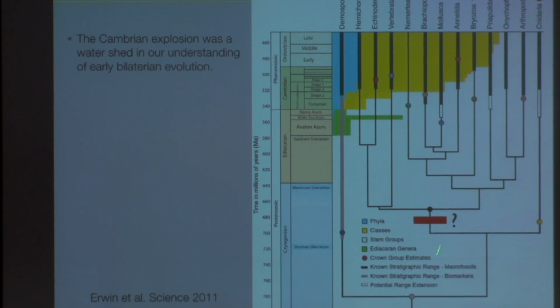This moves up and down depending on the analysis, but most people are in agreement that the molecular clock predictions really predate the fossil record by quite a substantial period, suggesting that there's a lot of cryptic evolution of bilaterians that happened long before the Cambrian explosion, suggesting we know very little about the early origins of the major phyla because there's no impression in their fossil record.